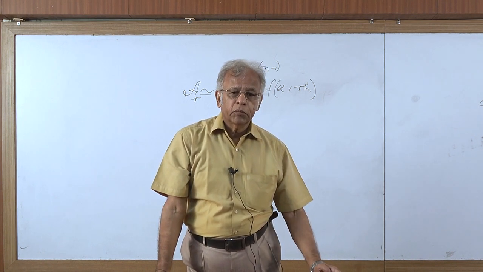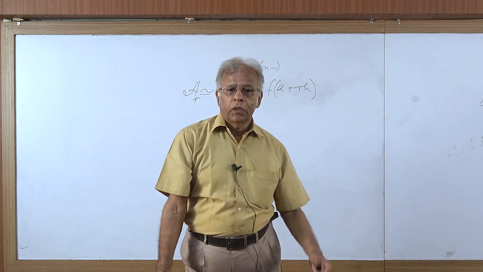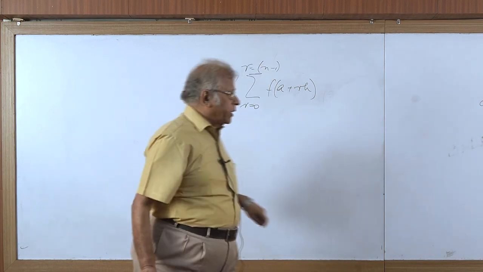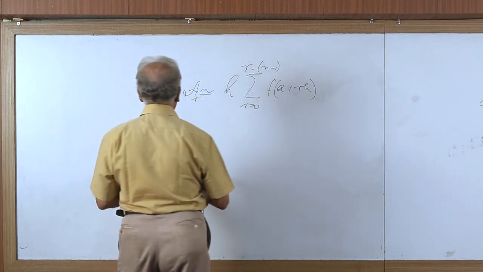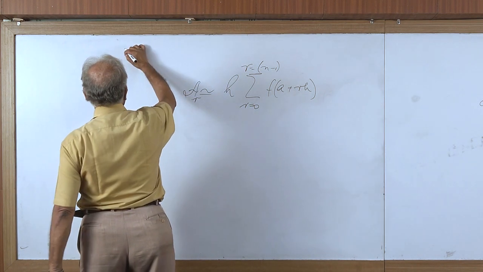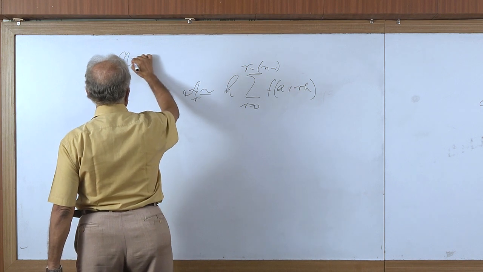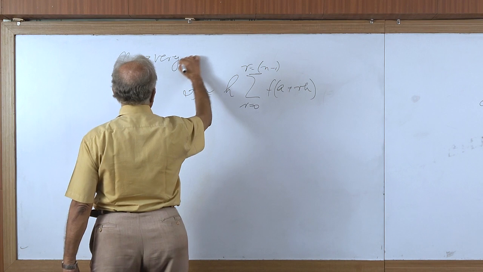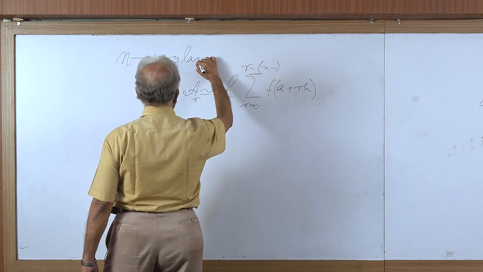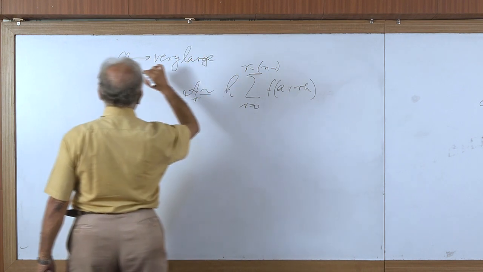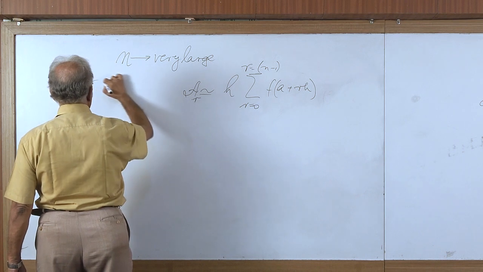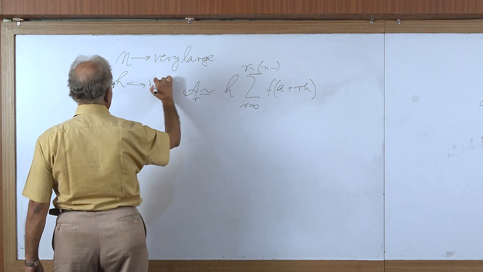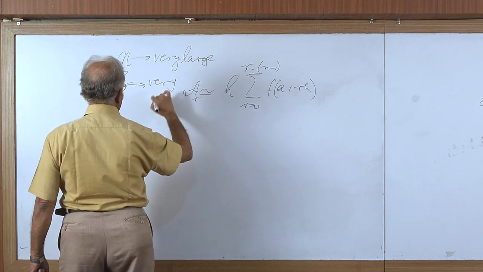So one thinks in terms of then let's say 4 strips or 10 strips or 20 strips. But if we say that we do this, we make n very large. And correspondingly therefore h becomes very small.